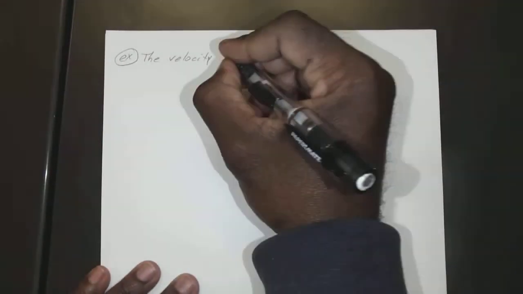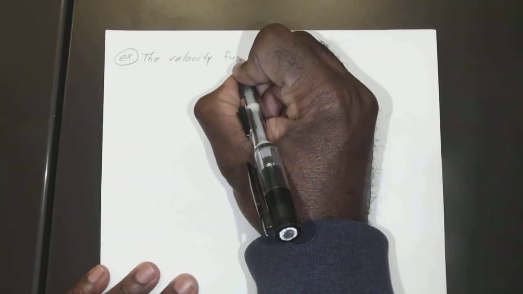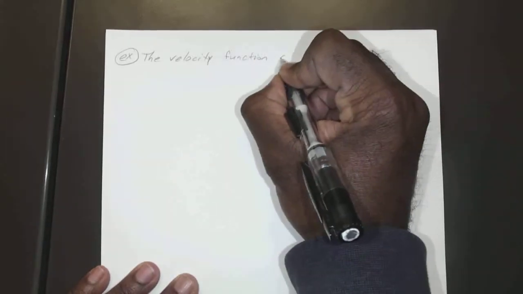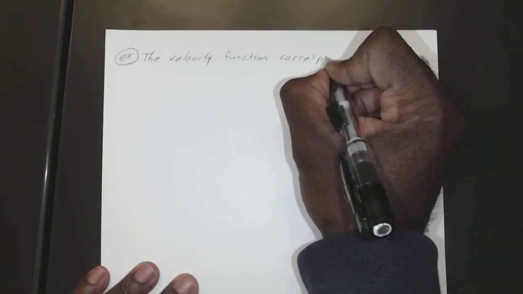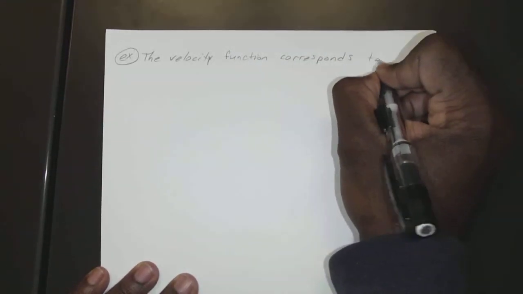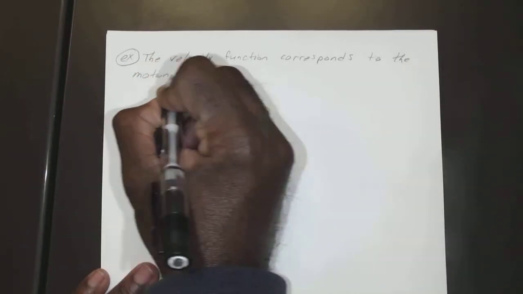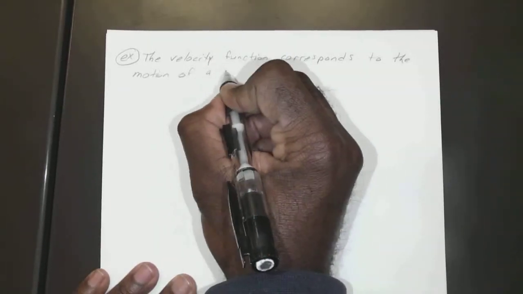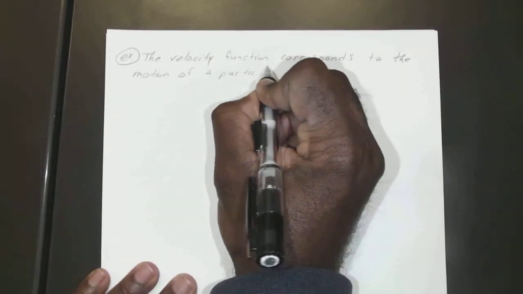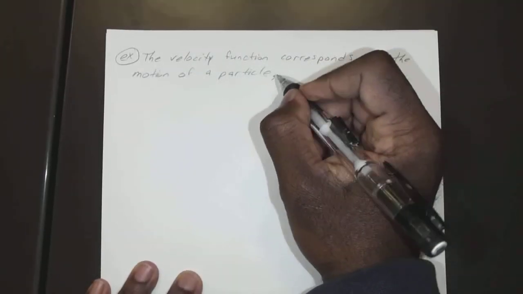The velocity function corresponds to the motion of a particle measured in meters per second.